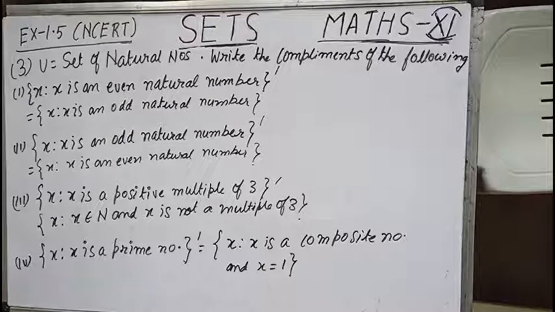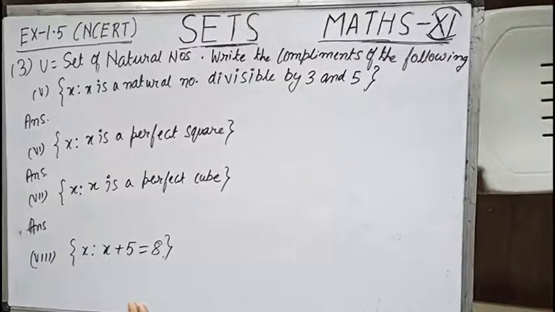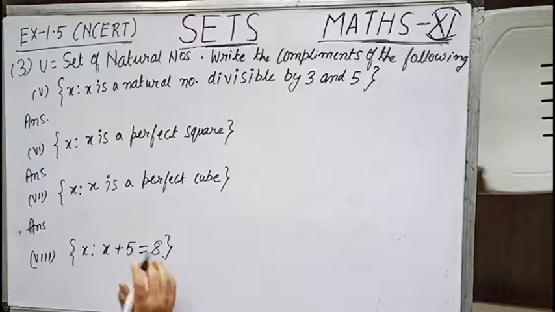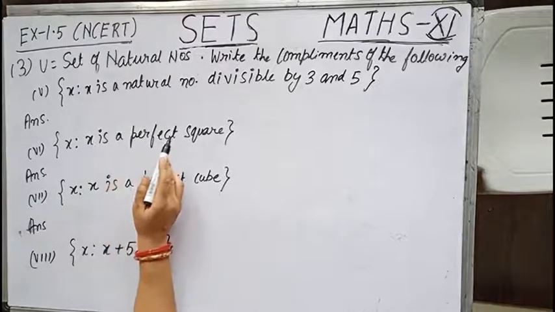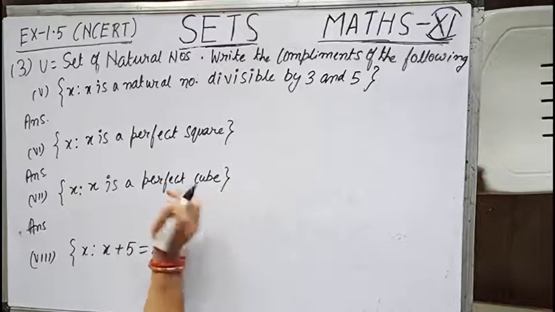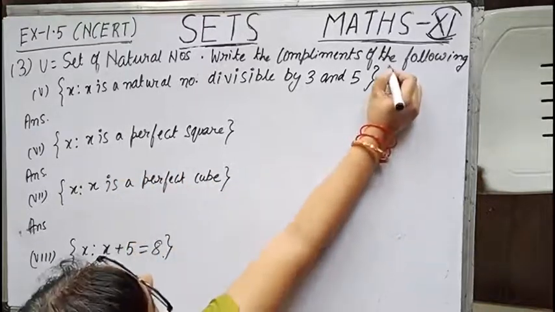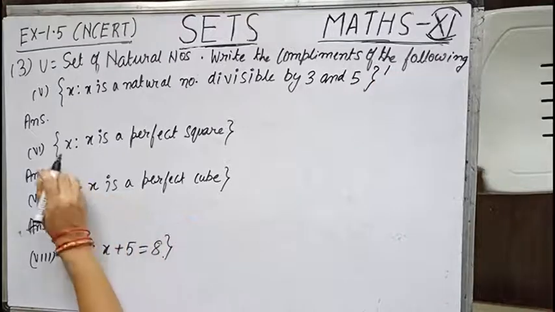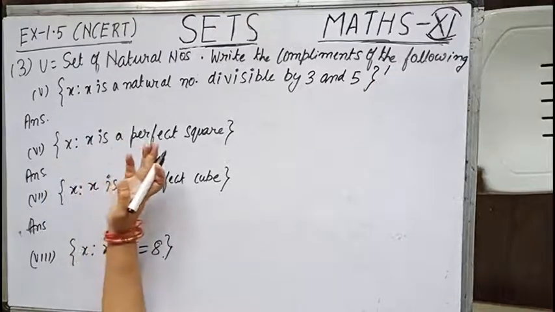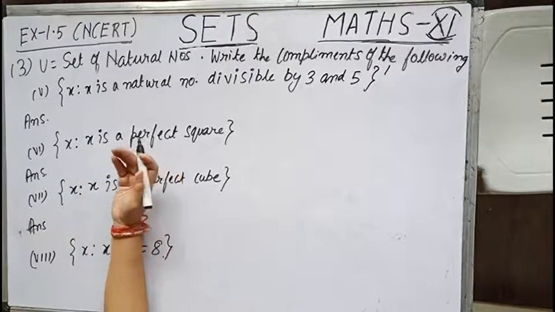Let us move to subpart number 5. Subpart number 5 is x such that x is a natural number divisible by 3 and 5. We have to find the complement of this. So dash over here, and the answer is x such that x is a natural number not divisible by 3 and 5.